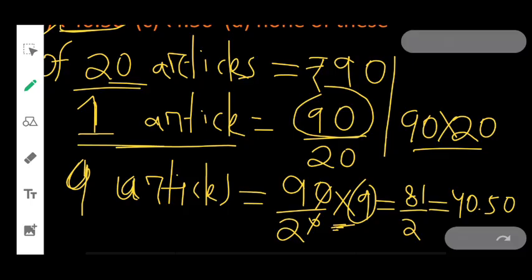But in case of inverse variation, you have to divide the value of 1 unit by the certain quantity. So in case of inverse variation, the cost of 9 articles will be 90 multiplied by 20 by 9. Clear?